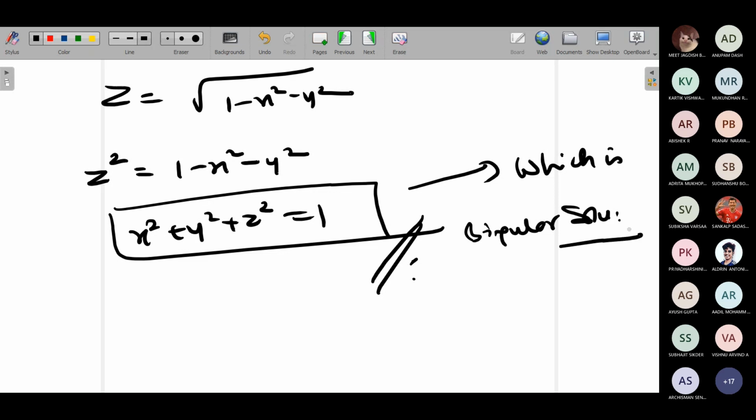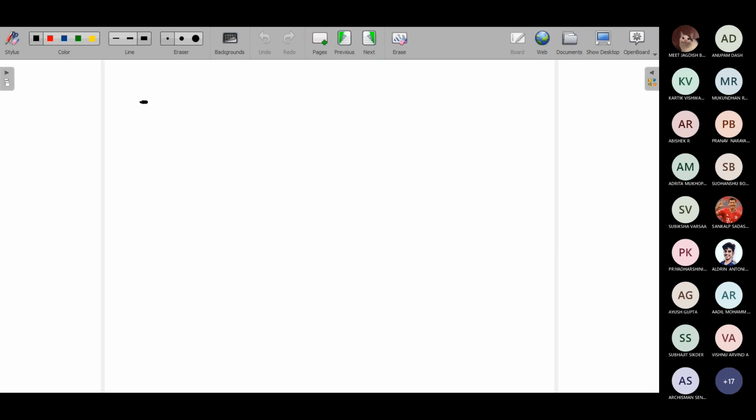Okay. So now I'm going to give you a problem. You are going to do it. Is it clear? You can just try this: z is equal to px plus qy plus p square q square.